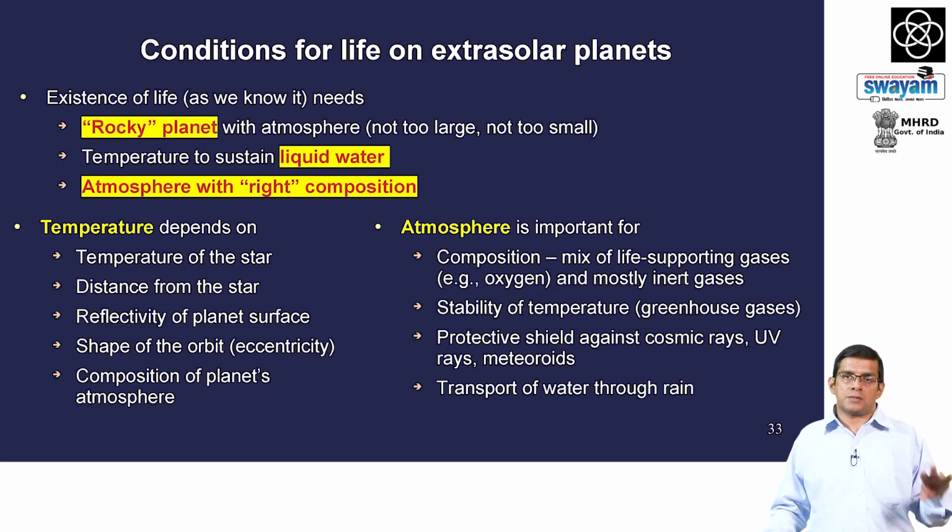Thirdly, the atmosphere must provide a protective shield against cosmic rays, UV rays from the star, meteoroids, etc. All these hazards from outer space. And finally, the atmosphere must also be able to transport the water through rain, otherwise life will be confined in only limited parts of the planet. Of course, this is not a necessary condition for life to exist at all on the planet.